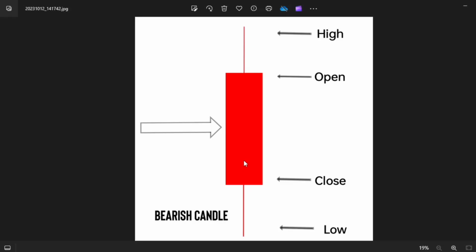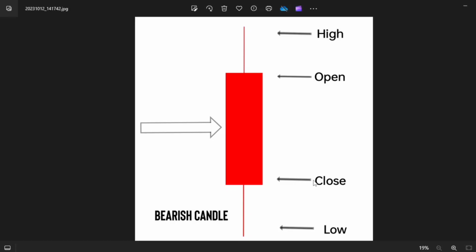Open means that the candlestick opened from this level. We're going to look at it on the chart. The candlestick opened from this level and closed at this level. If the candlestick closes below where it opens, it is a bearish candle. This is how you know a bearish and bullish candle, not just by the color.